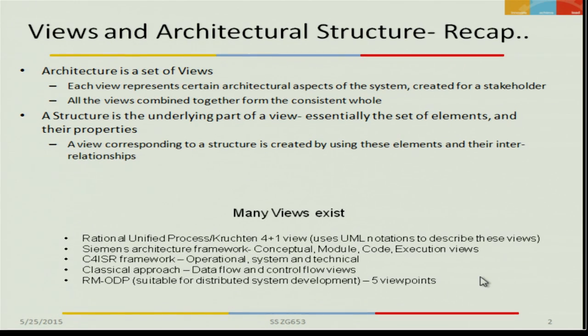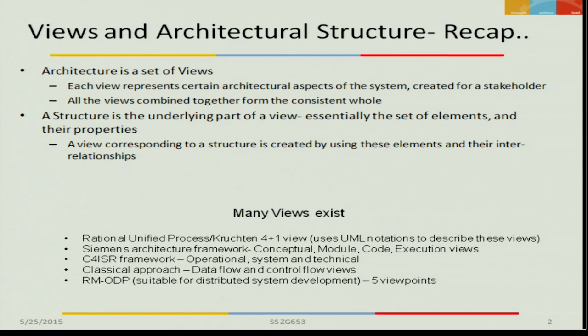So the question is, what sort of view, or what set of views, do we want to use to describe architecture? What is best? Well, like the definition of architecture, there are many views that exist today, but out of those we will choose the one which is most popular, integrated in a tool, and used quite universally.